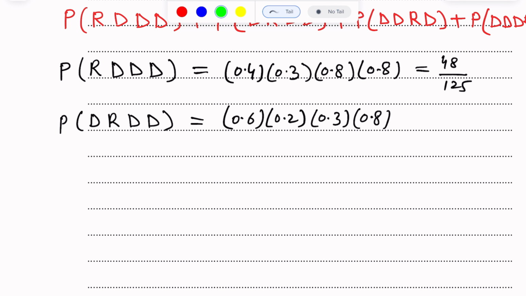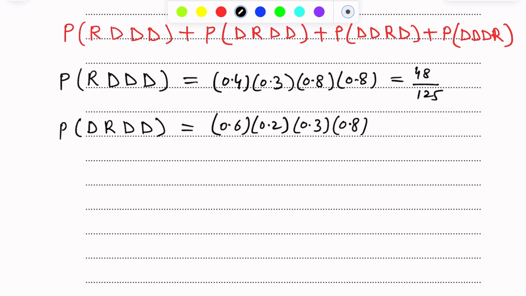Now after simplifying, sorry, this is not 125, this is 625: 48 over 625. This is the answer of the first option.